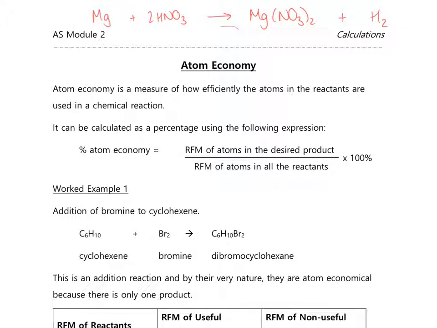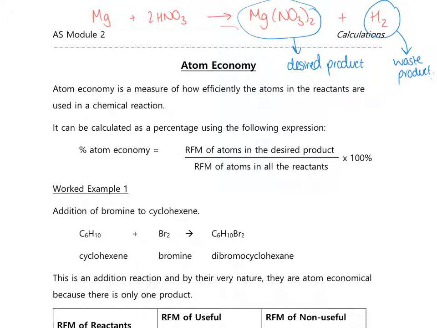For example, one of the last reactions we looked at was magnesium reacting with nitric acid to give us magnesium nitrate and hydrogen. The thing I wanted to produce was magnesium nitrate, so that's my desired product. And in the question you will be told what the desired product is.